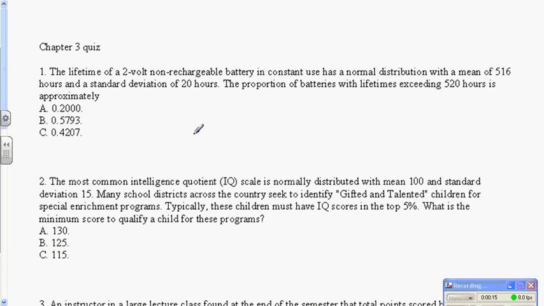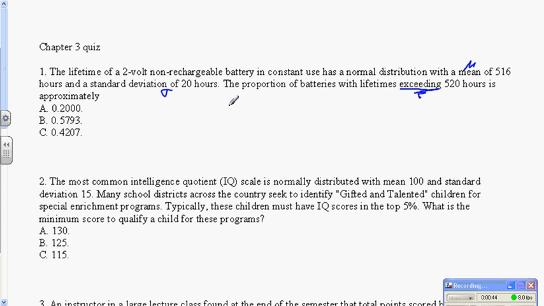The lifetime of a 2-volt non-rechargeable battery in constant use has a normal distribution with a mean mu of 516. Standard deviation is 20. The proportion of batteries with lifetime exceeding, very important word there, 520 hours is approximately what?